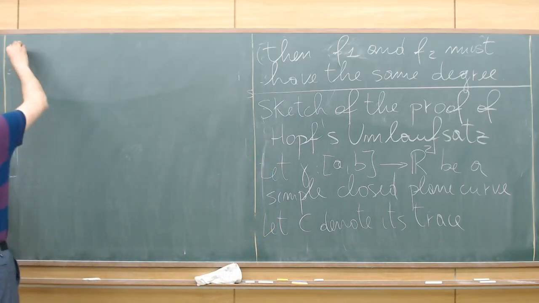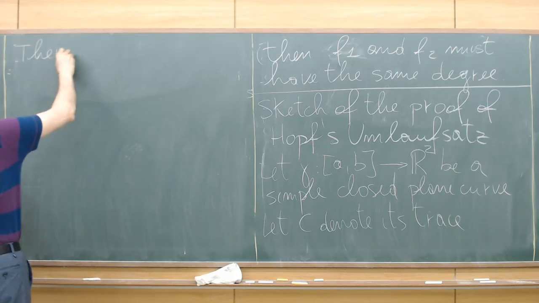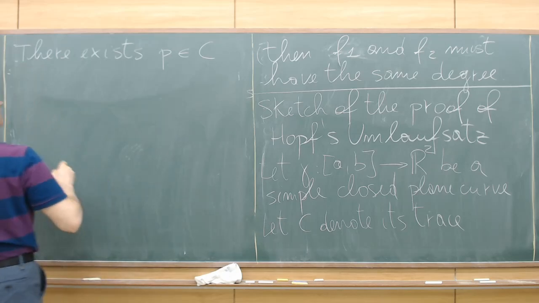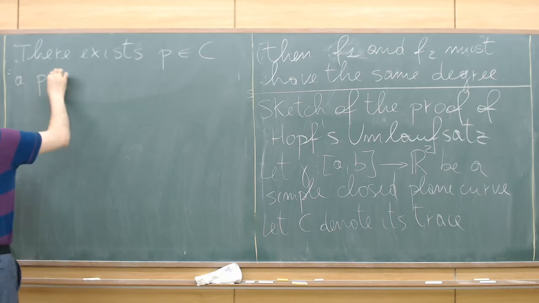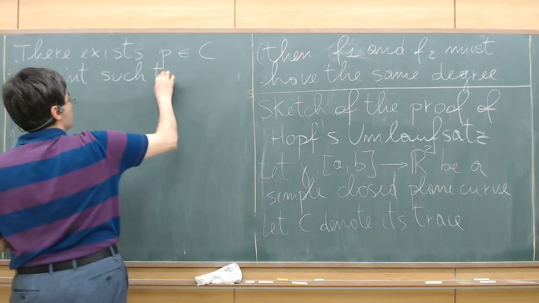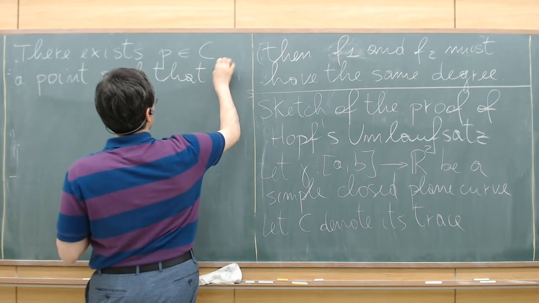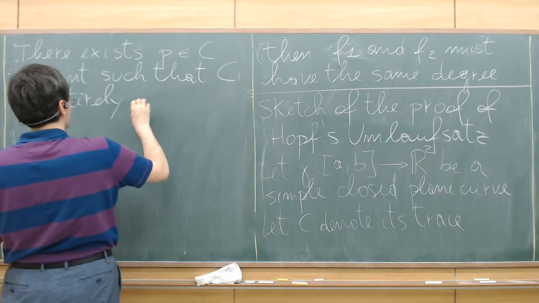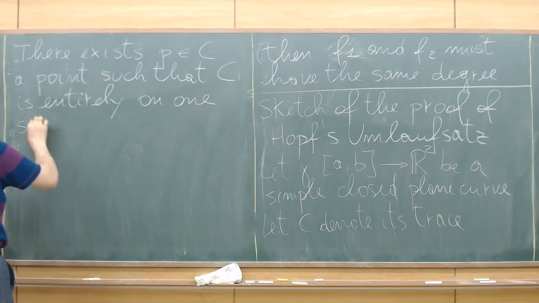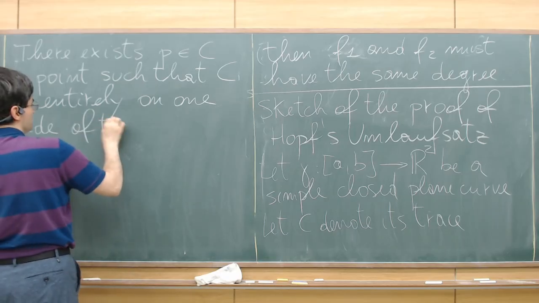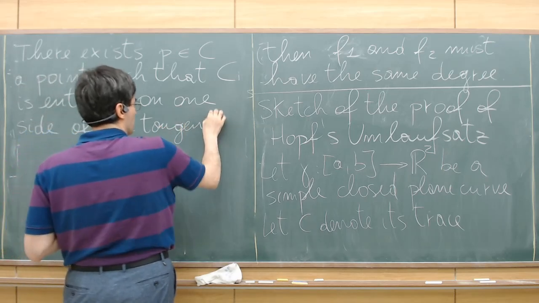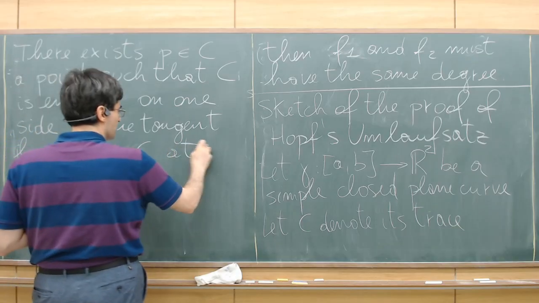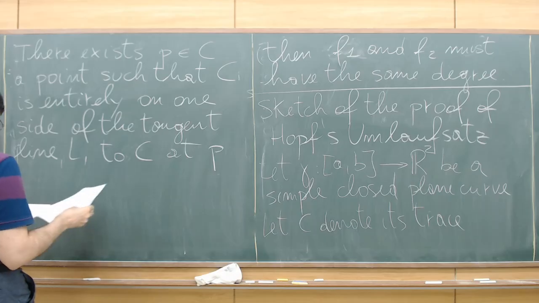Then it is easy to prove that there exists a point P in C such that C is entirely on one side of the tangent line L to C at P. So let's try to make a picture.